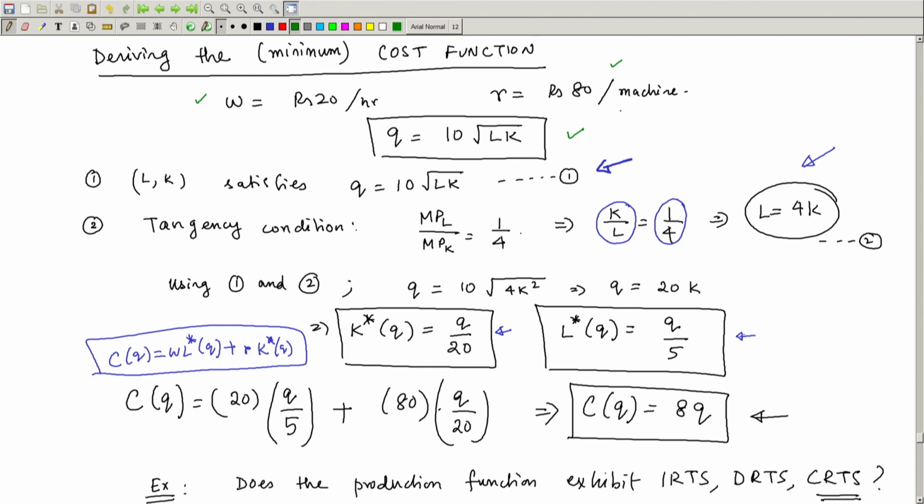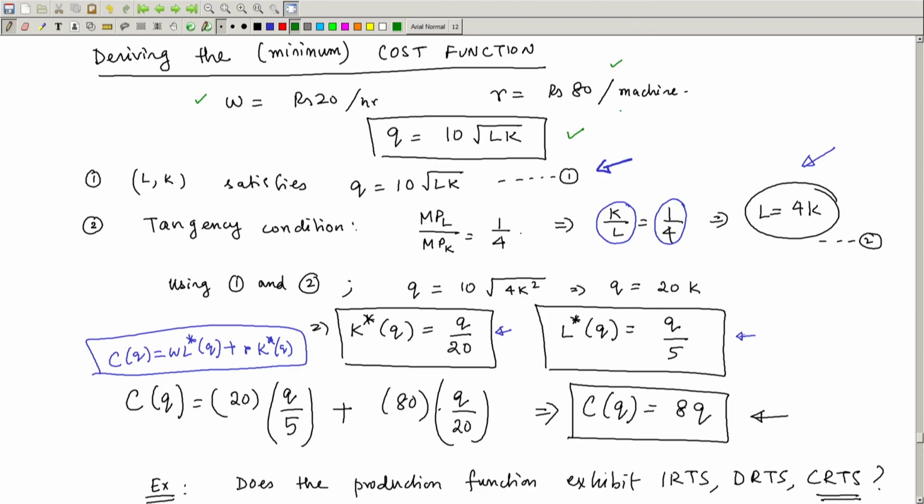So given this production function, we said that there are two conditions that I need to write. The first is that my optimal amount of labor and the optimal amount of capital must be on the isoquant. So it must satisfy the functional form Q is equal to 10 times square root of LK.